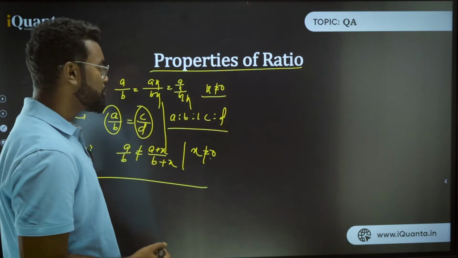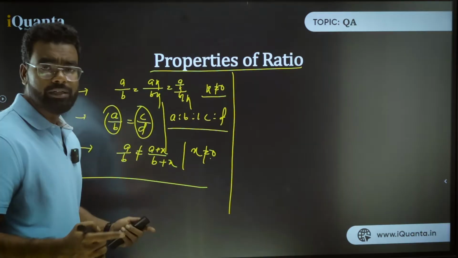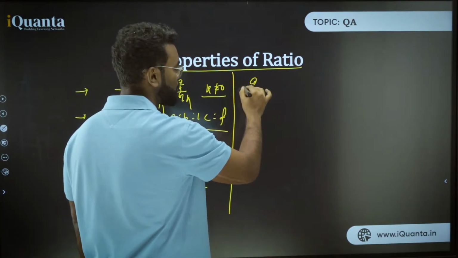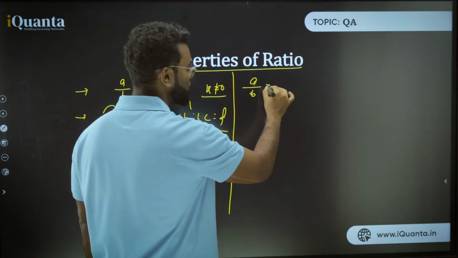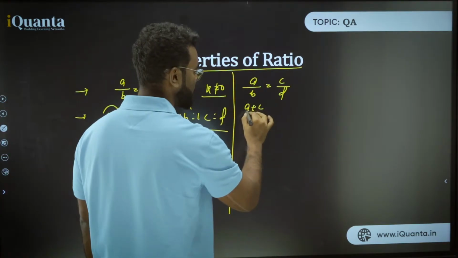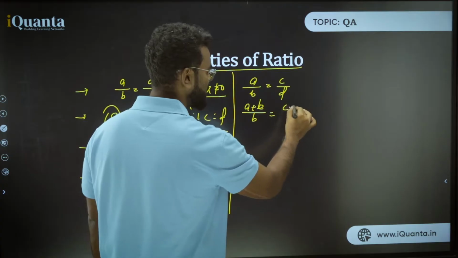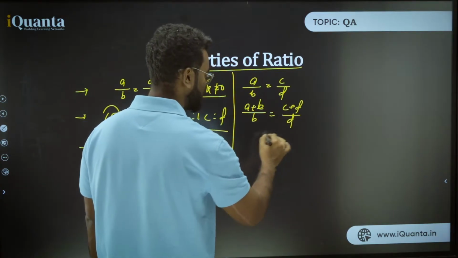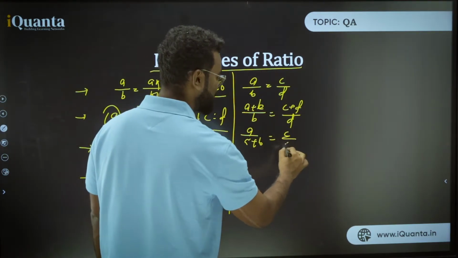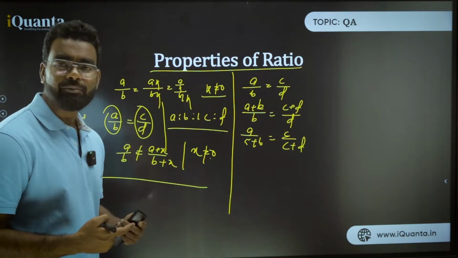The next few properties are also important. We have already learned about the comparison, and now we can use this kind of ratio: A upon B equals C upon D. So I can write A plus B upon B is equal to C plus D upon D. Or we can also write A upon A plus B is equal to C upon C plus D. So you understand, whatever I'm doing on the left side, I'm doing the same operation on the right side.